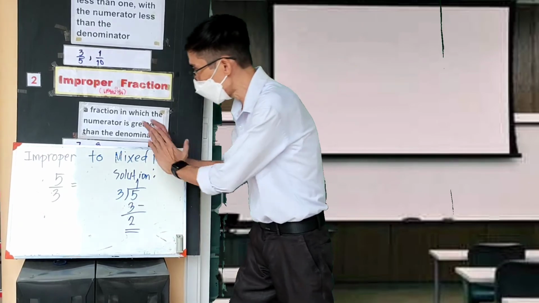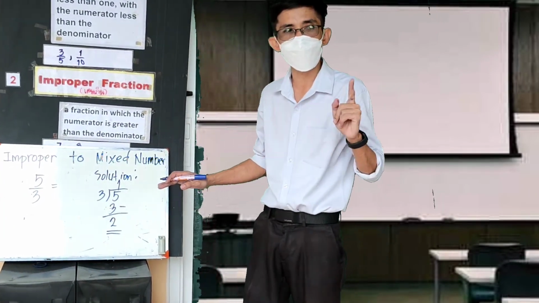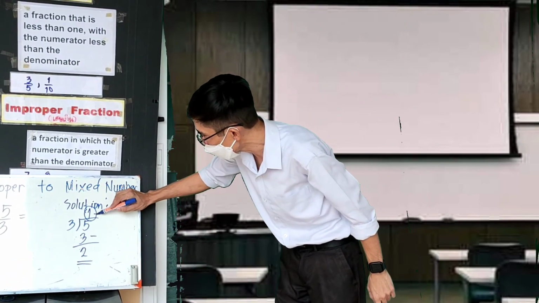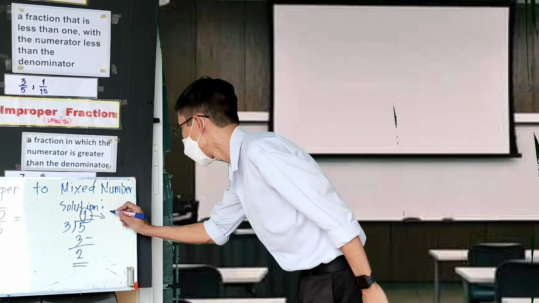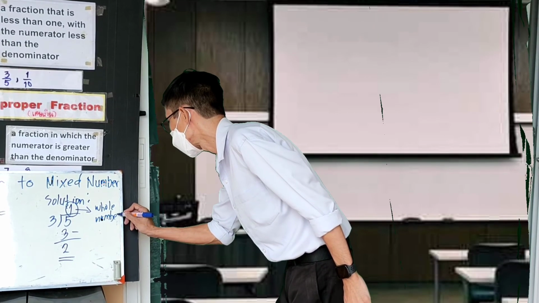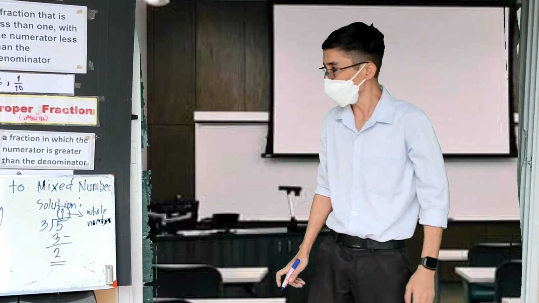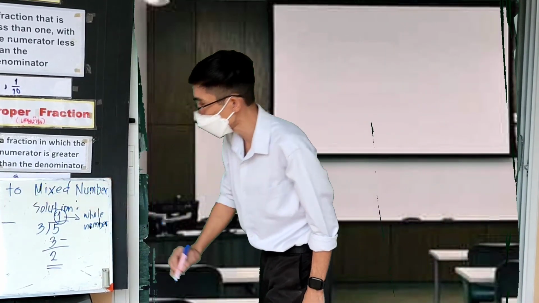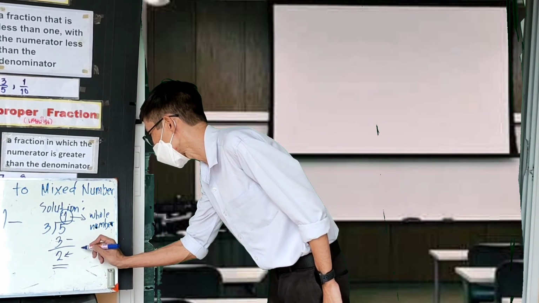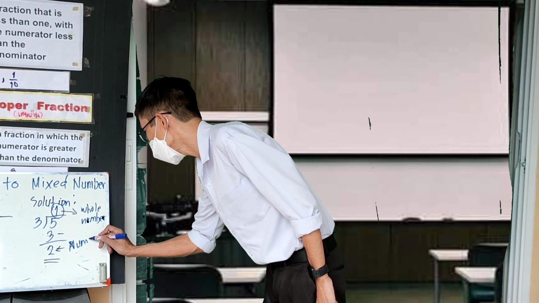Now, in converting improper to mixed number, after dividing the numerator by the denominator, the quotient will become our whole number. Okay? So we have 1 as the whole number. Then, how about the numerator? The numerator is the remainder. So the remainder will become the numerator.